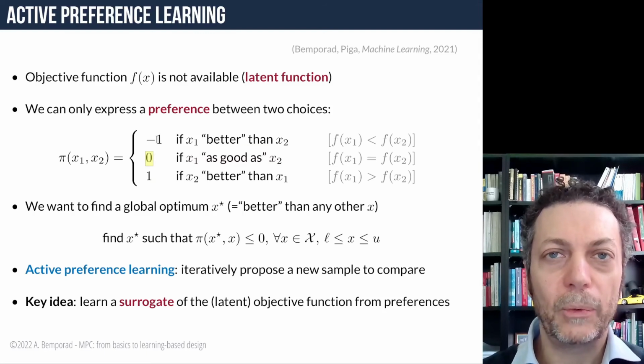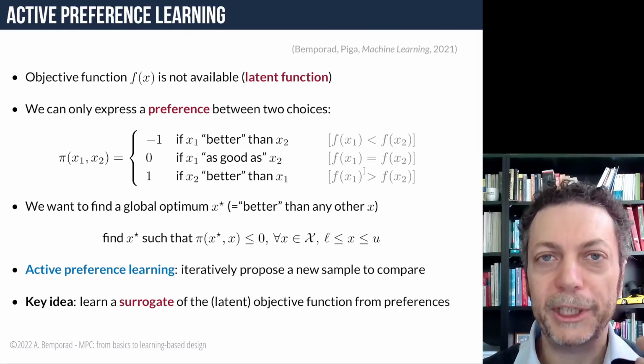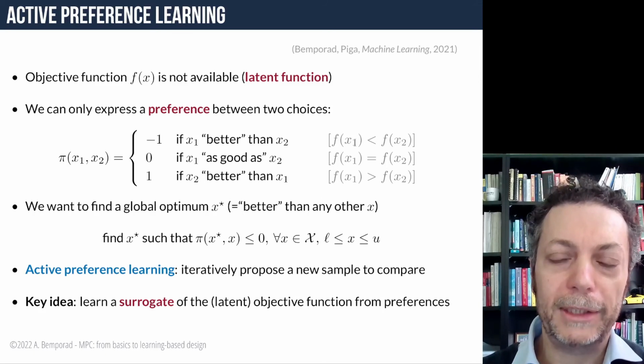So basically, we query the preference function pi by asking, in this case, the calibrator, which hides an underlying function that the calibrator has in mind, but is not quantified numerically. And what we want to solve then, finding the minimum of the function, means finding a vector that wins all the preferences. Okay, so the optimizer will always be smaller or equal to any other value. So you would like to find a vector which wins or is as good as any other vector.